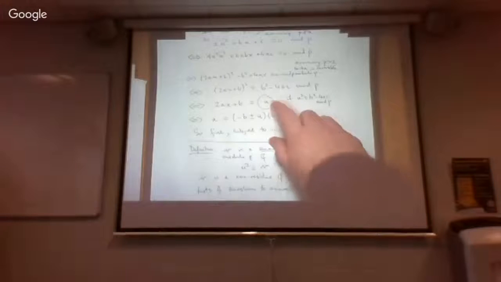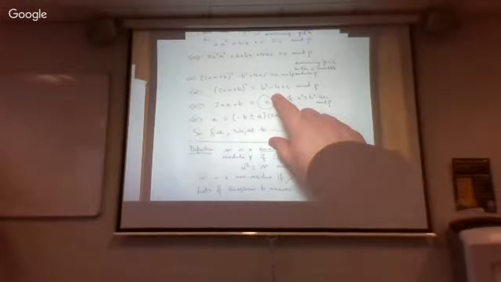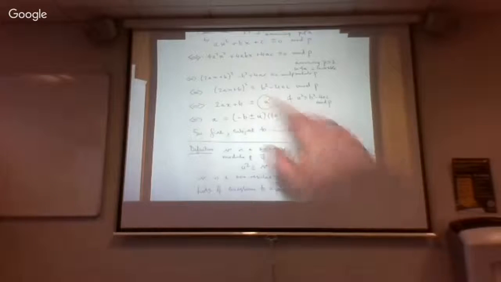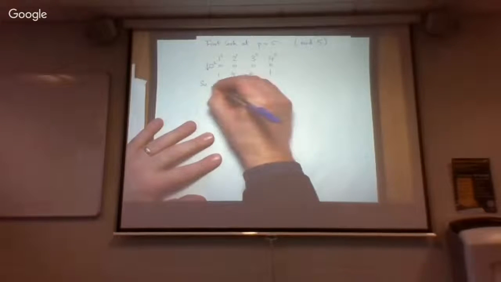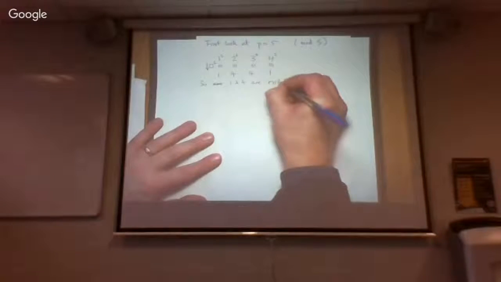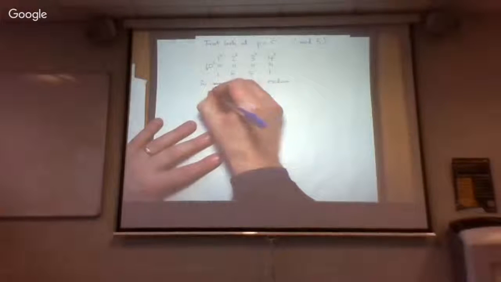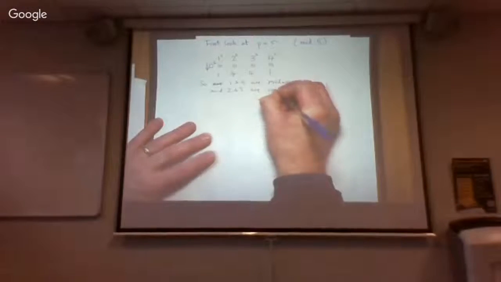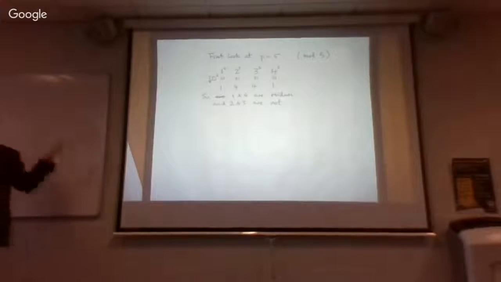This one here, if my b squared minus 4ac came out as 2 or 3 modulo 5, I wouldn't be able to proceed any further, because there would be no u that I could put down there that, when you square it, gets back to 2 or 3. So 1 and 4 are quadratic residues modulo 5, and 2 and 3 are not.